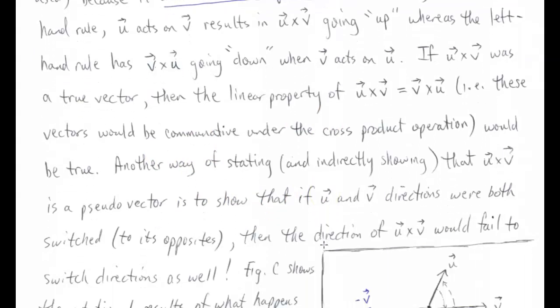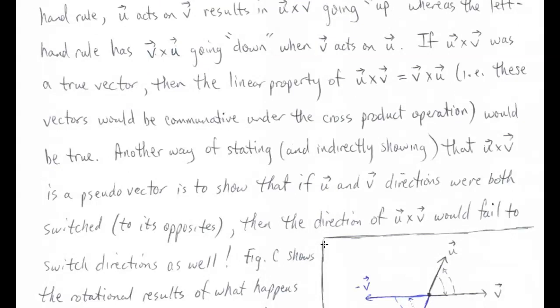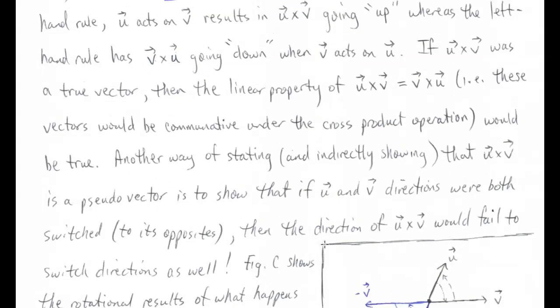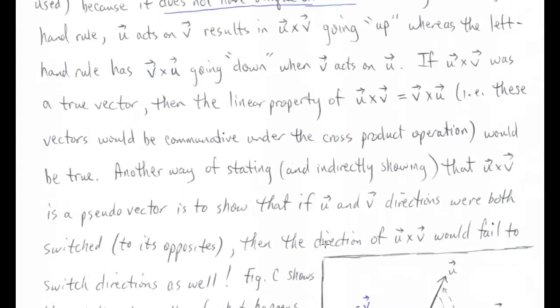Now, basically what's happening here from an algebraic standpoint is that the notion of an operation being commutative is not clean. For instance, if our u cross v vector was a true vector, then this particular linear property would be true about it.